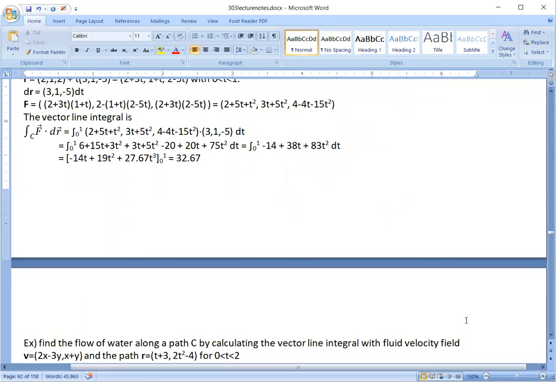So sometimes for a velocity field, we'll use vector v. We've done that before. So if your velocity field is 2x minus 3y, comma x plus y, and then your curve C is given by r equals t plus 3, 2t squared minus 4, t goes from 0 to 2. So your flow gives you basically how much fluid is moving along your path.